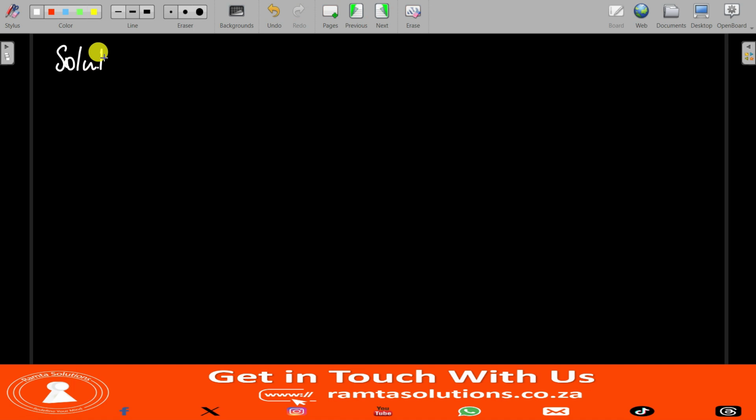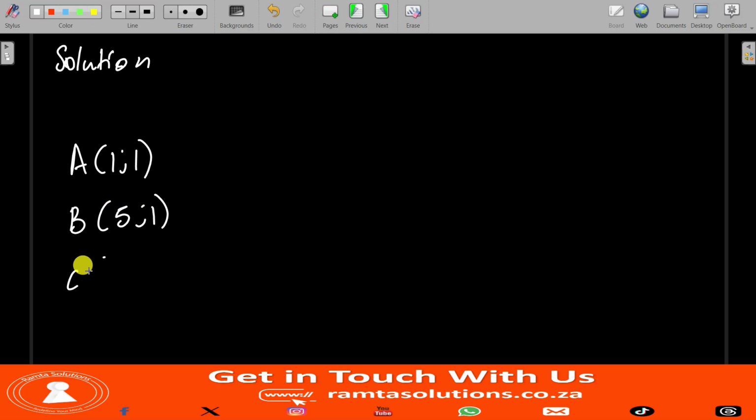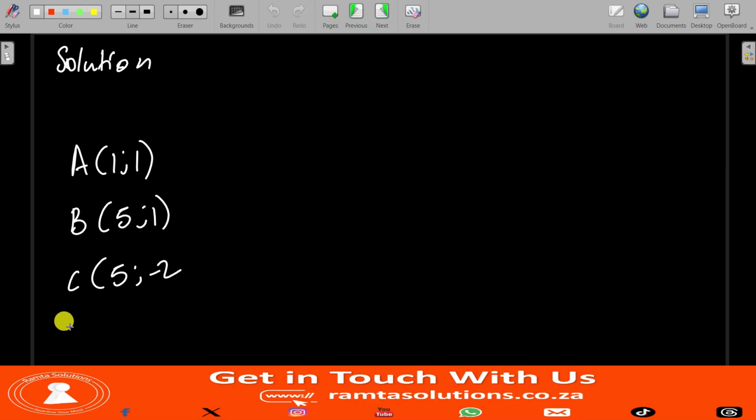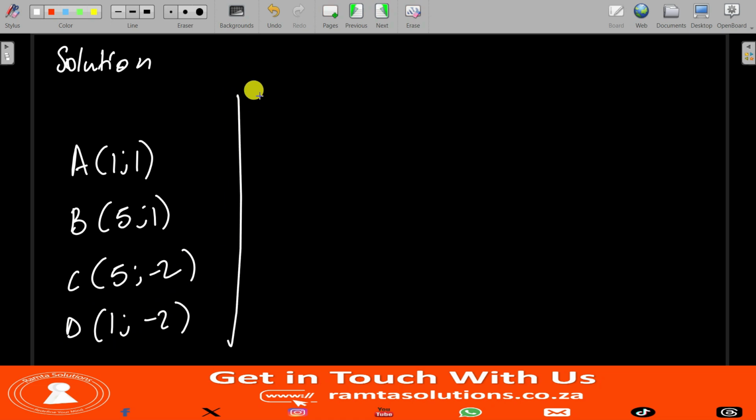For our solution, before we sketch it, A we had 1 and 1, B we had 5 and 1, C we had 5 and -2, let me go back to confirm. Yes. And then D we had 1 and -2.